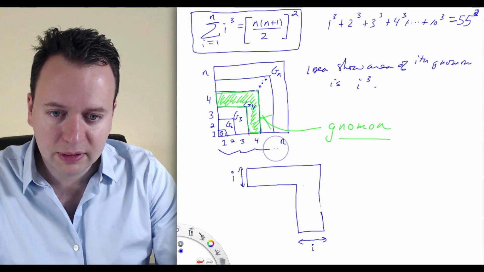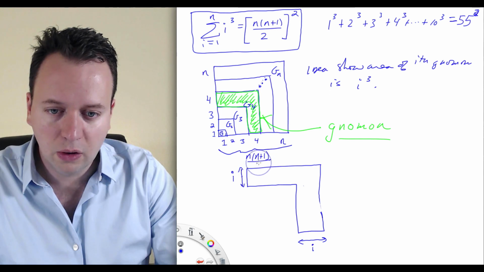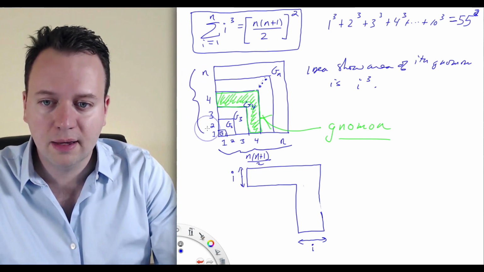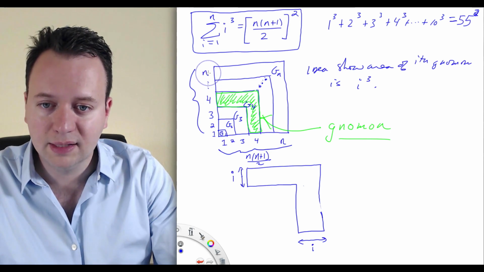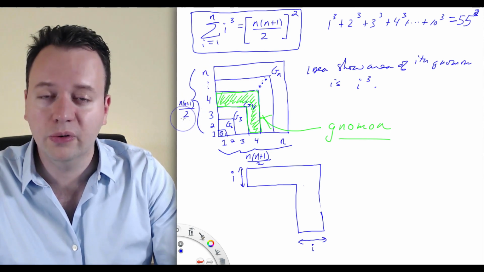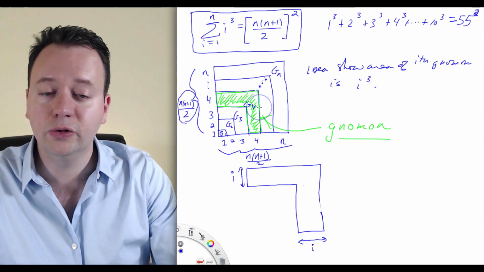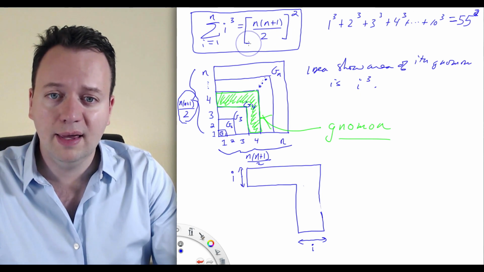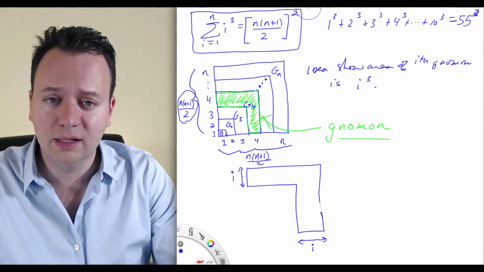So the total side length here is n times n plus 1 over 2. And similarly, 1 plus 2 plus 3 plus 4 plus dot, dot, dot, plus n is just n times n plus 1 over 2. So you have a square with side length n times n plus 1 over 2. So the total area of this shape is given by the right-hand side, n times n plus 1 over 2 quantity squared.